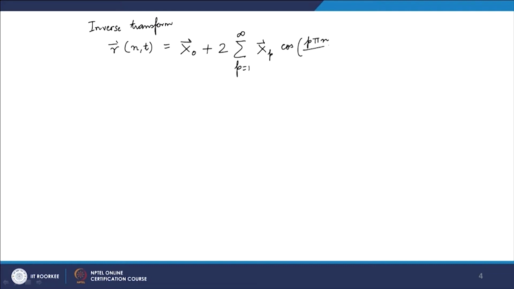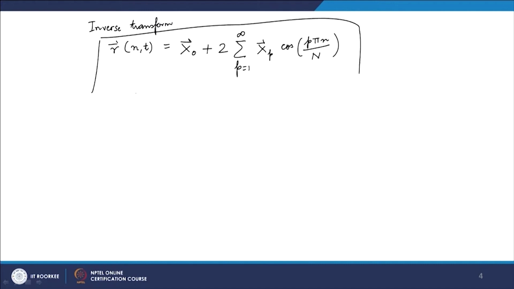So, essentially if I want to get r, this would simply be x0 plus twice the sum over p equal to 1 to infinity of xp cos of p pi n by capital N.